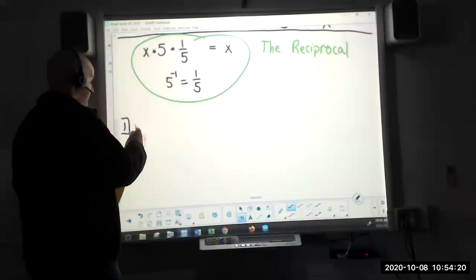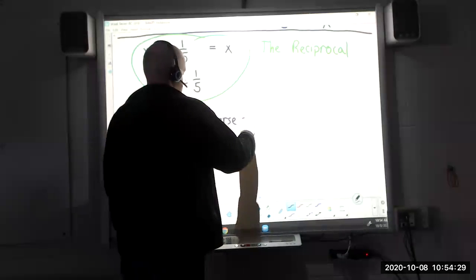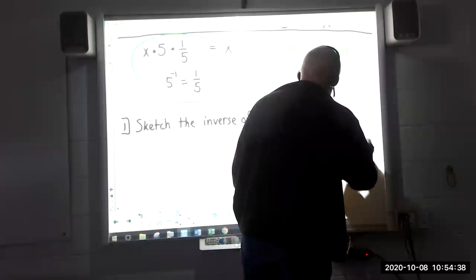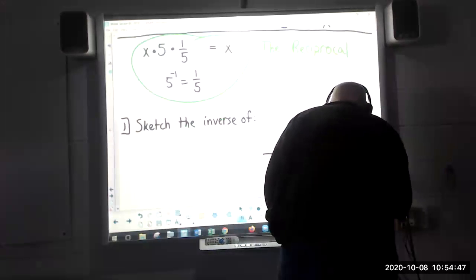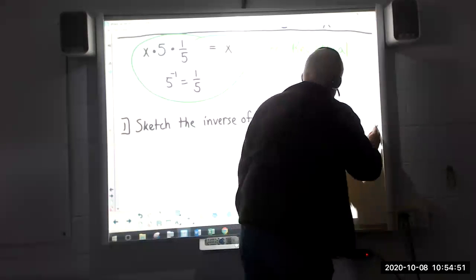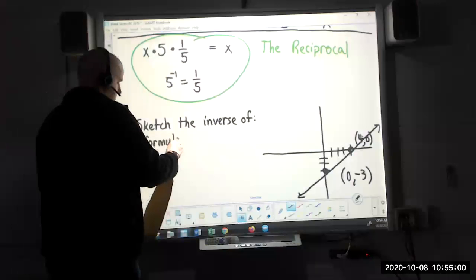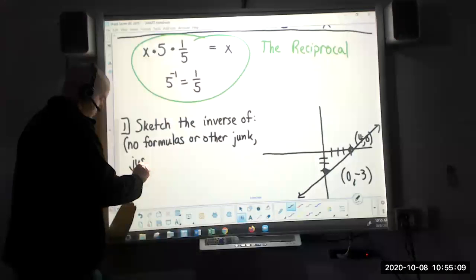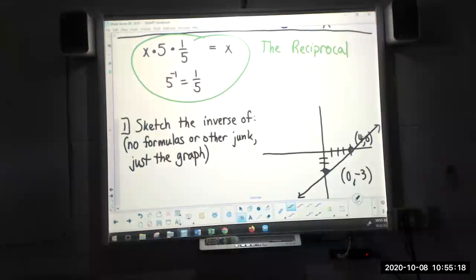Okay, so let's do some practice. I've given you something that you should be able to sketch the inverse of using only the information you know about inverses.